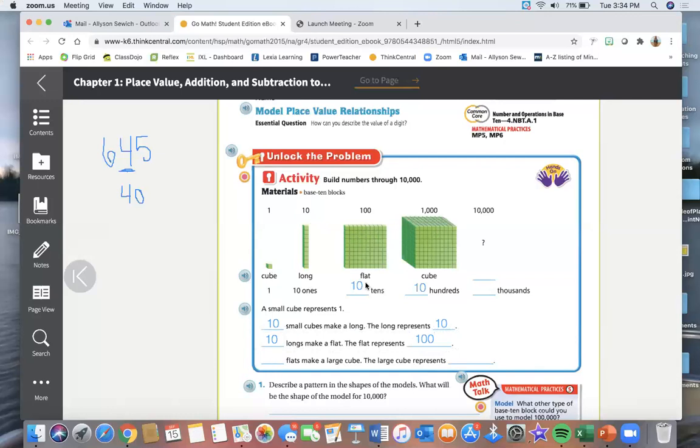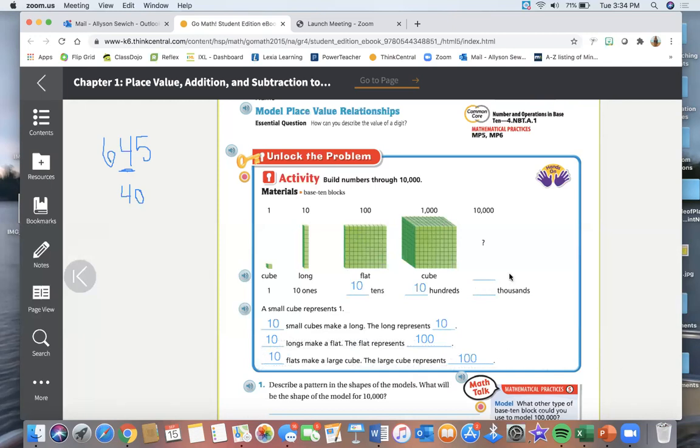Now we want to find out how many of these flats go into the cube. How many flats do we need to make a cube? So how many hundreds do we need to make 1,000? So 10 of these flats will go into the cube to represent 1,000.